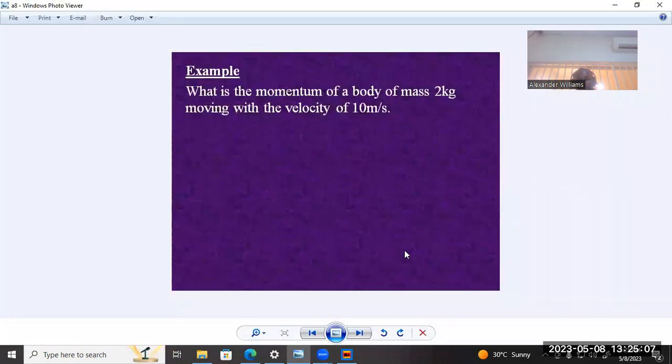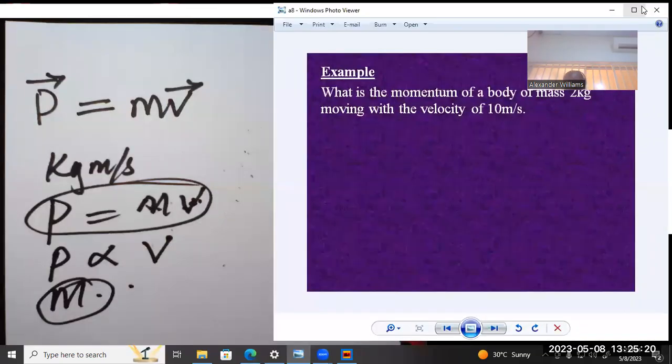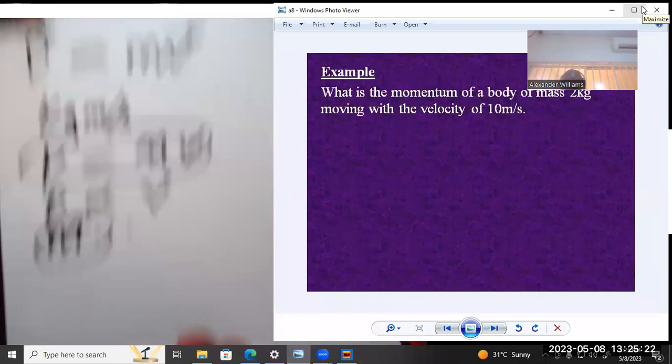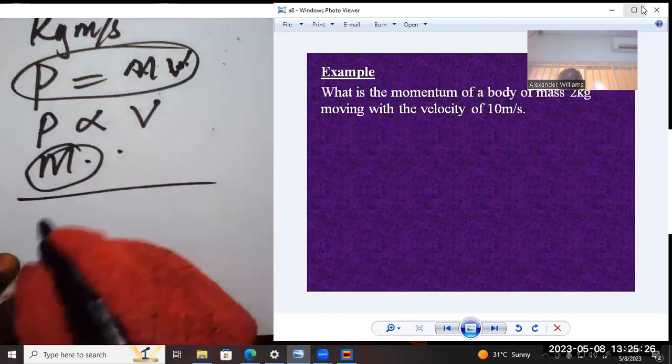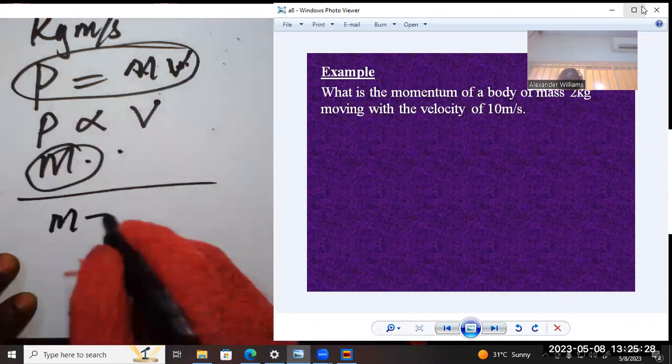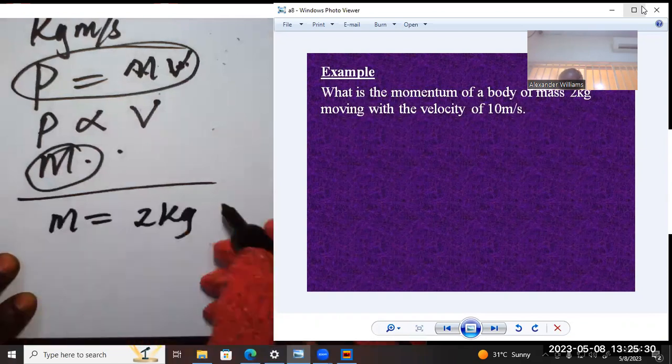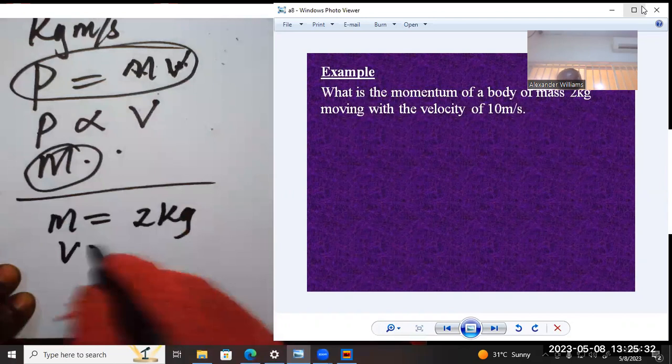Okay, here's an example. What's the momentum of a body of mass 2 kilograms moving with a velocity of 10 meters per second? In this question, we have the mass given to us as 2 kilograms, and the velocity is 10 meters per second.